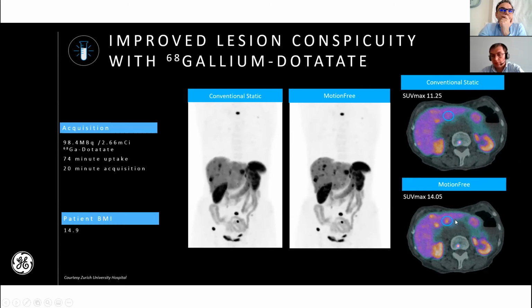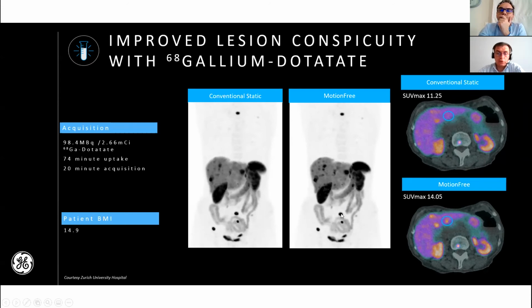And that is also seen on actual slices. Here is just one demonstration. SUV max is changing from 11.25 to 14.05, and really the lesion is far better seen.